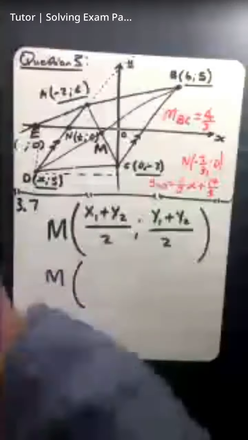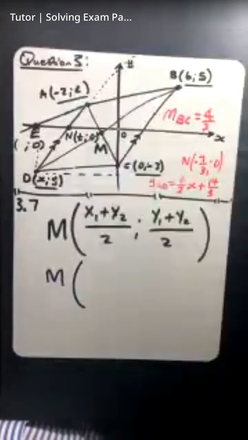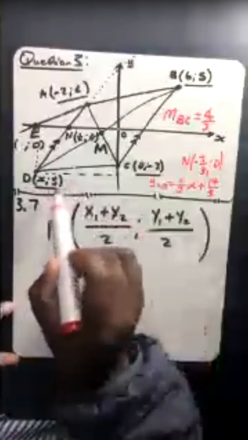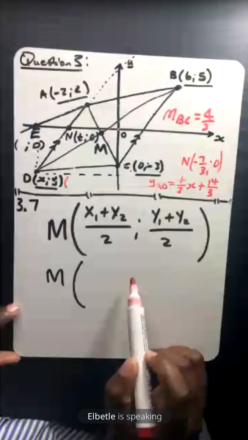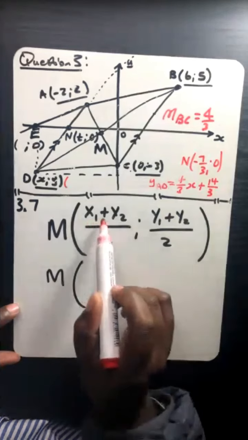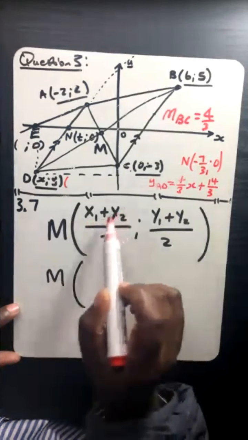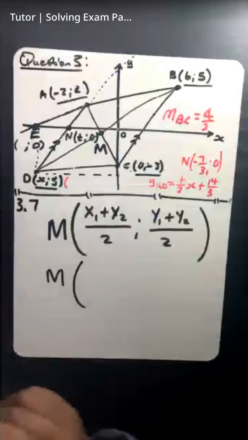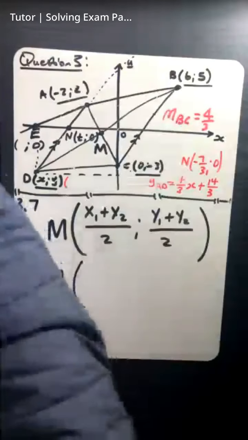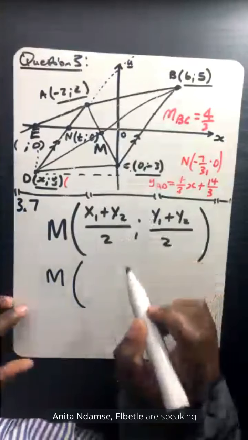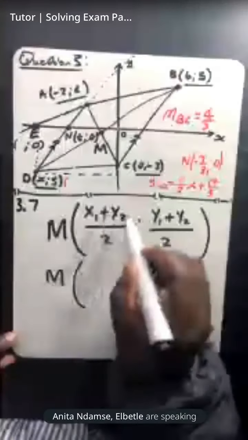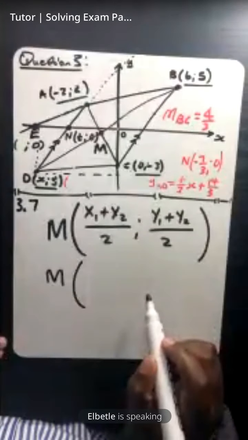Okay. Or maybe it's the issue of these coordinates. I'm not sure. Guys, what are the coordinates of D? Sir, I think it's because of the formula. You wrote x1 plus y2. I said x1 plus. No, this is x. Sir, it looks like y.